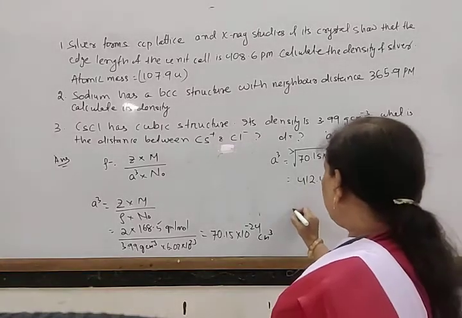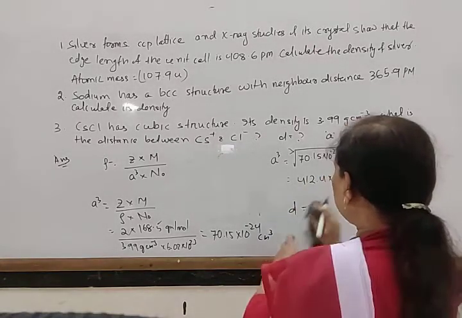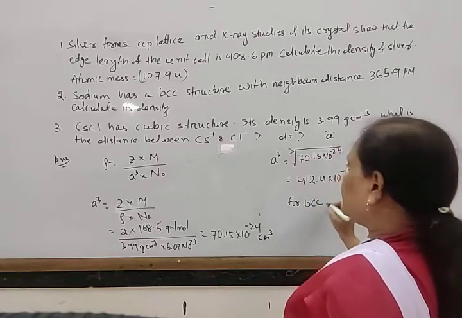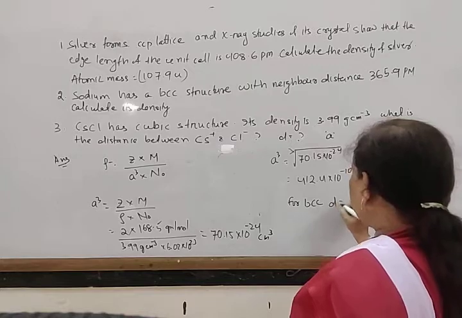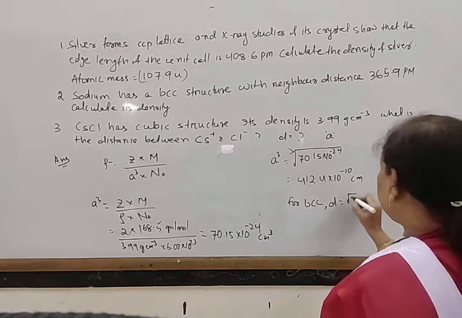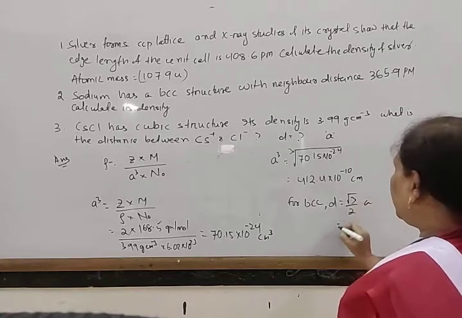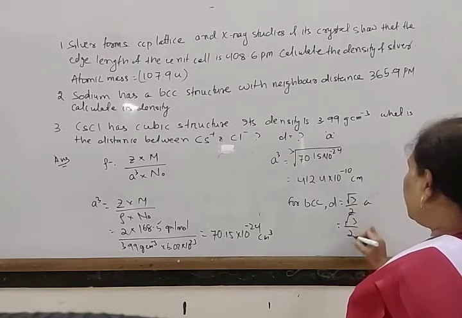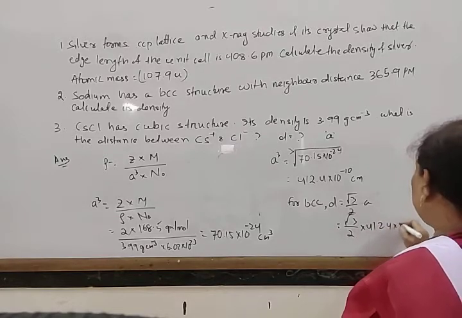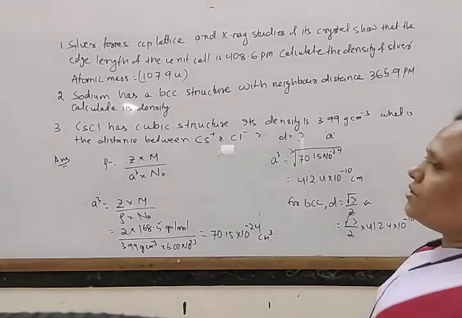And again for body centered cubic, for BCC, D equal to root 3 by 2 a. So root 3 by 2 into the a value 412.4 into 10 to the power minus 10.